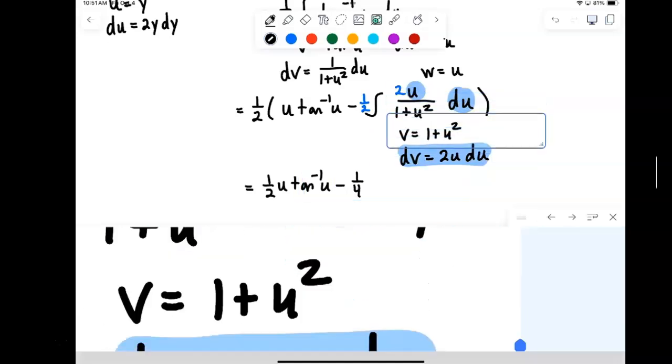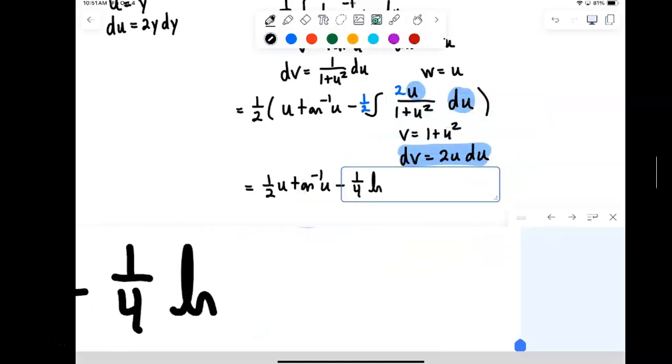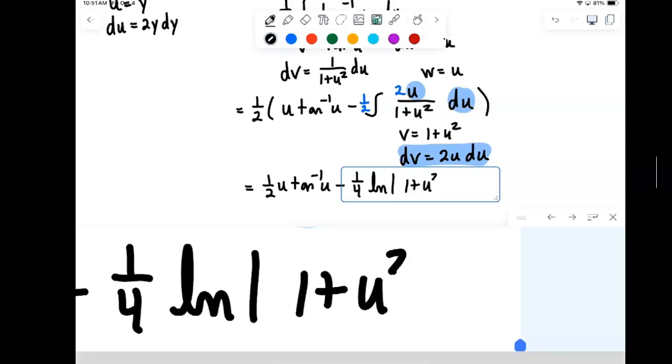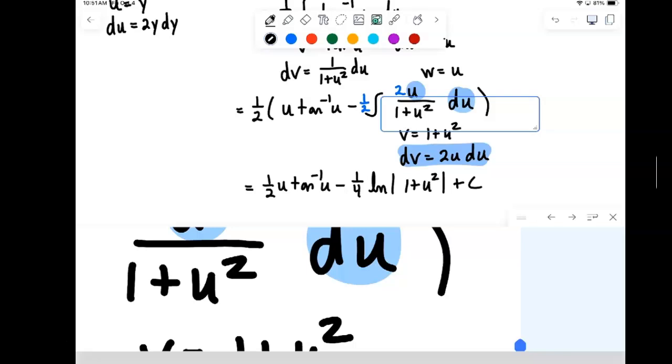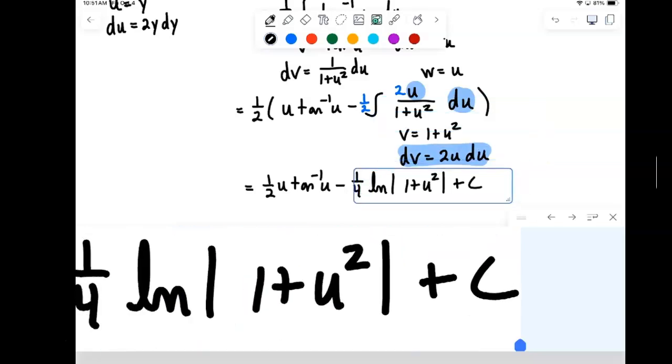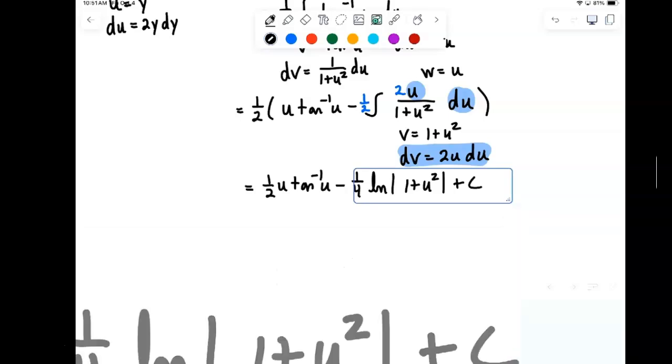And again, the integral of 1 over v is ln, the absolute value of 1 plus u squared, and then plus a constant. It's going to be that denominator. And of course, you can drop that absolute value because 1 plus u squared is always positive. And then we have just one more step.